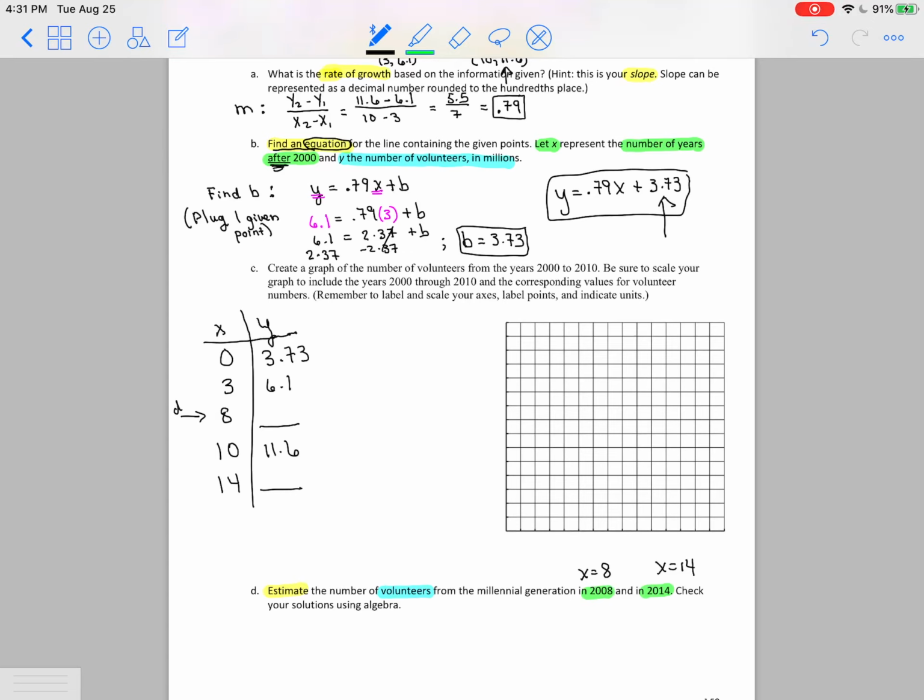So let's do some math. We want to know what happens when x is 8. So basically what we're saying is, you guys are going to see this when you're in Math 99, f of 8. This is just saying, okay, when x is 8. That's all that really means.